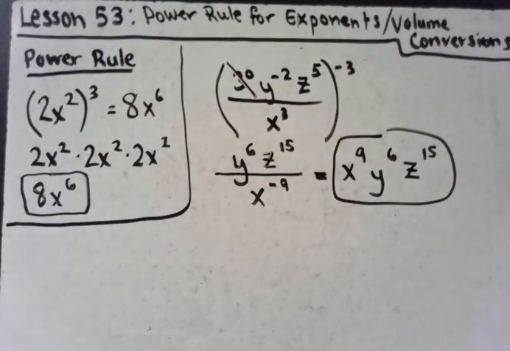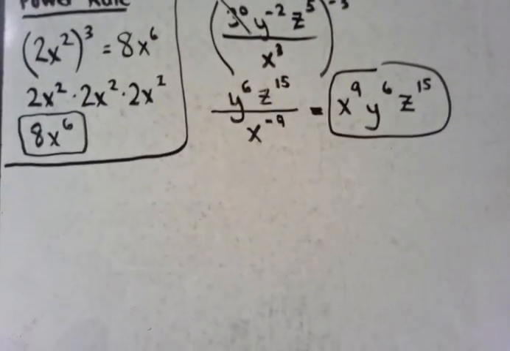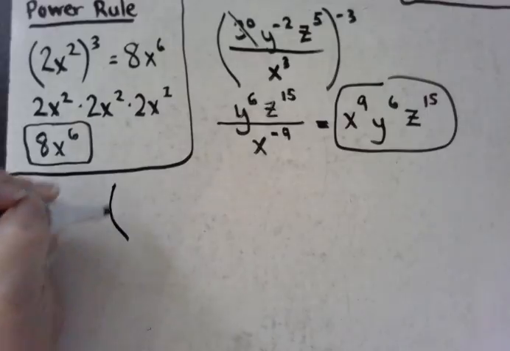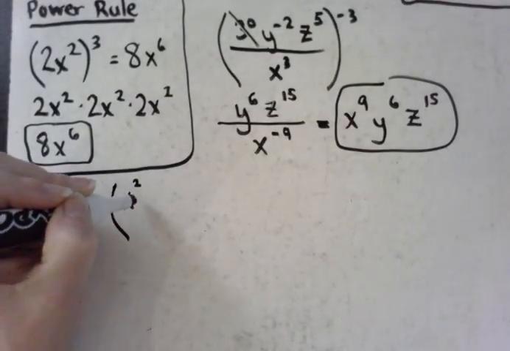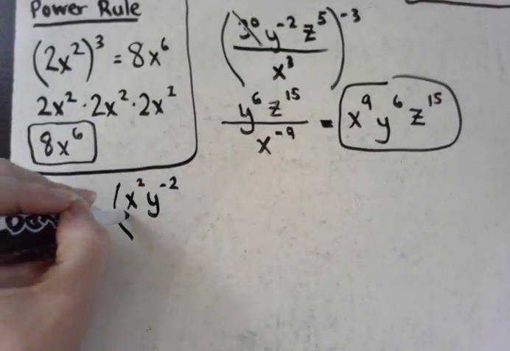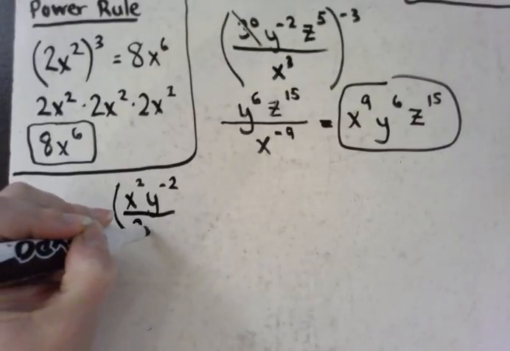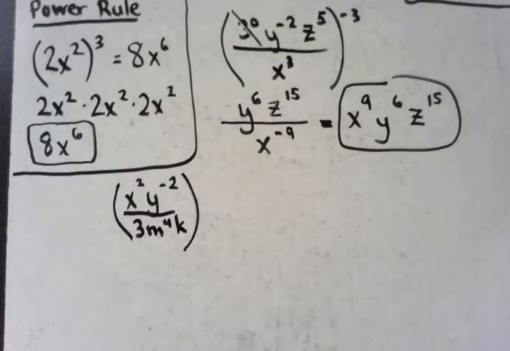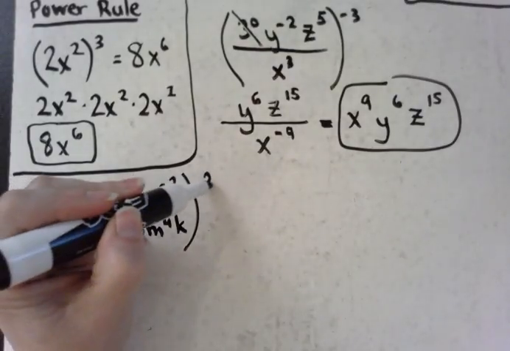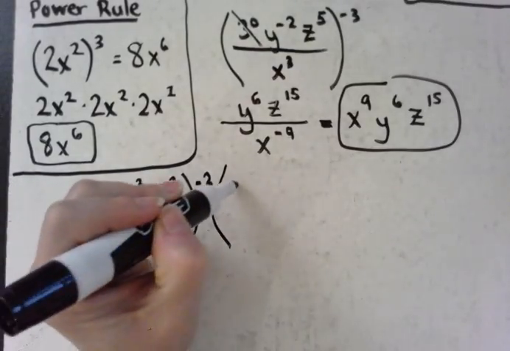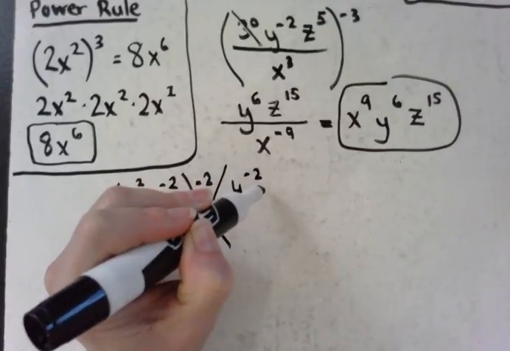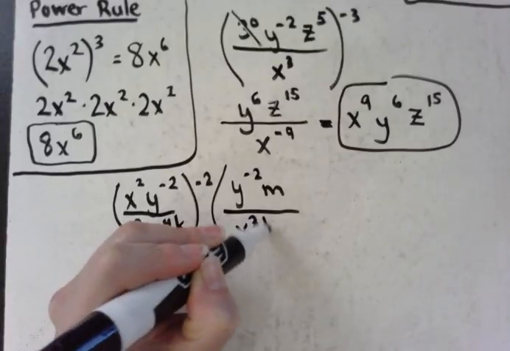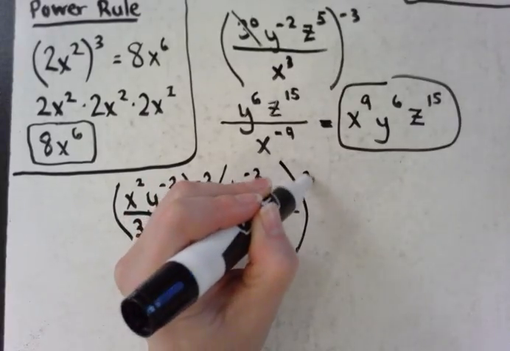So let's have you do another example on your own. So this example is x squared y to the negative 2nd over 3m to the 4th k to the negative 2nd, and then y to the negative 2nd m over x to the 3rd k squared.